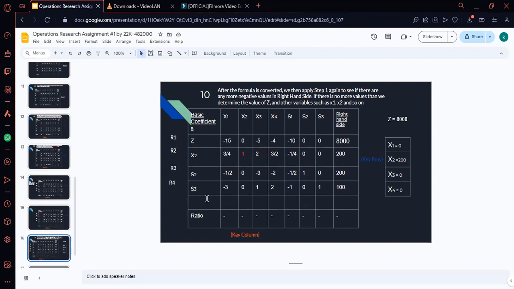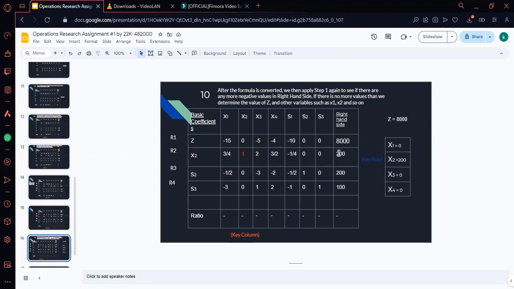X1, x3, and x4 have not been found because the process has stopped here. For objective function z, the value is 8000 and for x2 is 200.